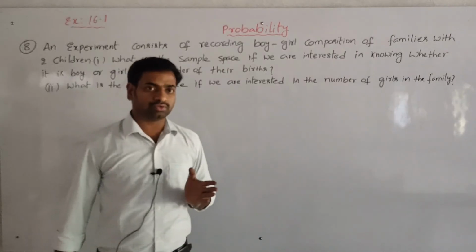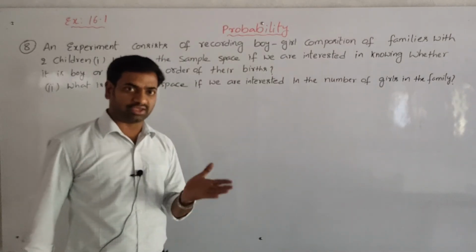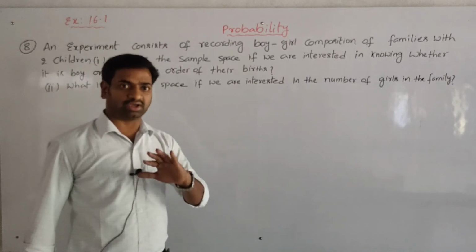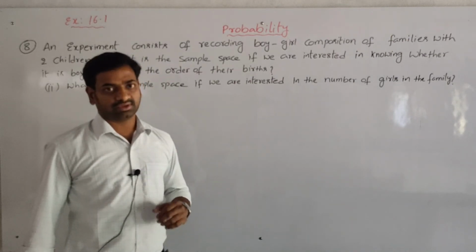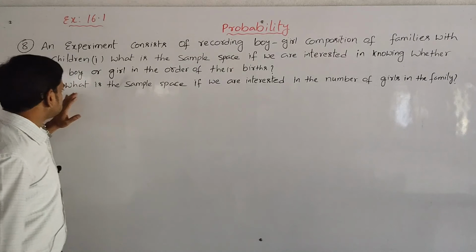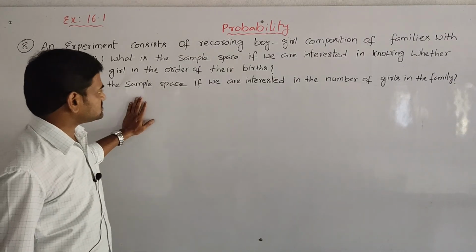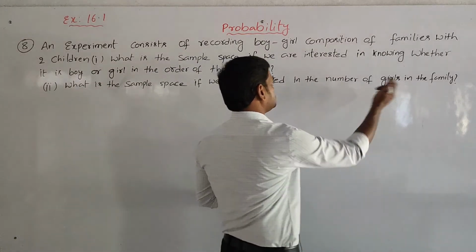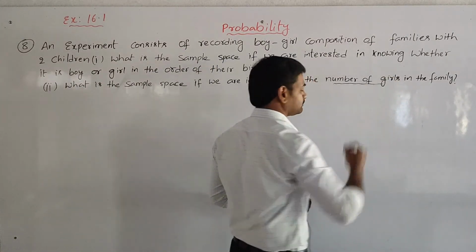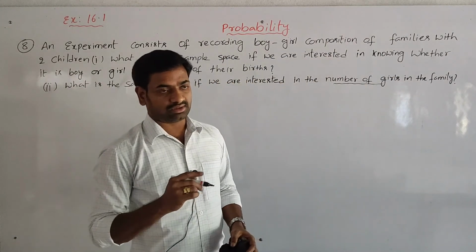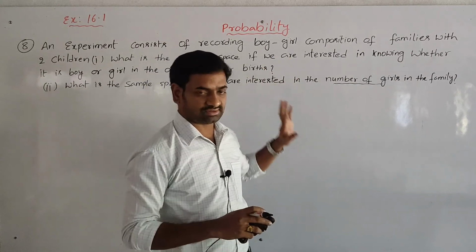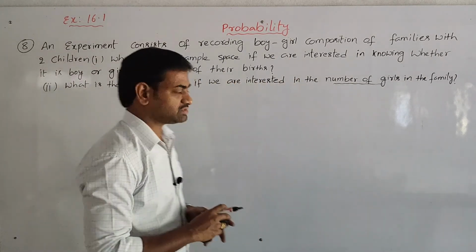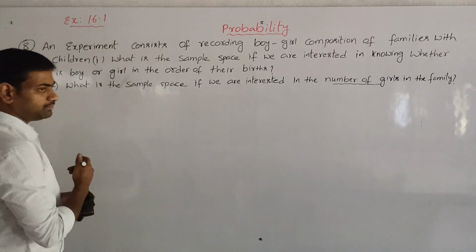Next, what is the sample space if we are interested in the number of girls. This is a number. Remember, there is a difference here. See the difference by solving the problem.